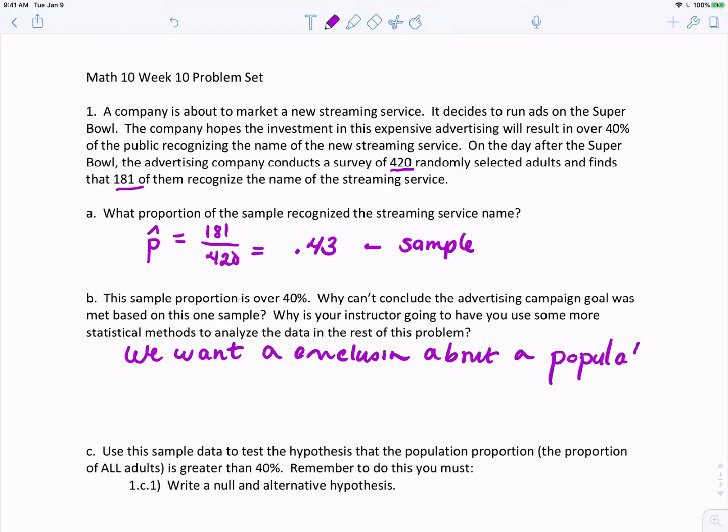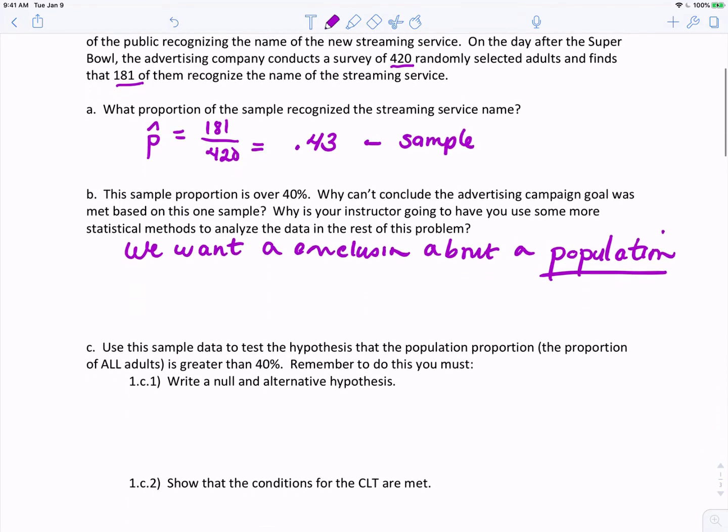We already know the sample was greater than 40%, but what we're trying to figure out is whether that sample gives us evidence that the entire population proportion is over 40% as well. That's why we're going to keep on going.